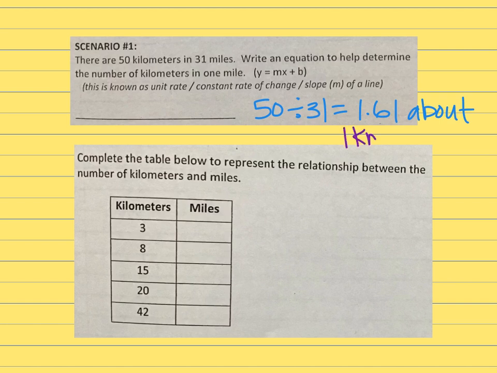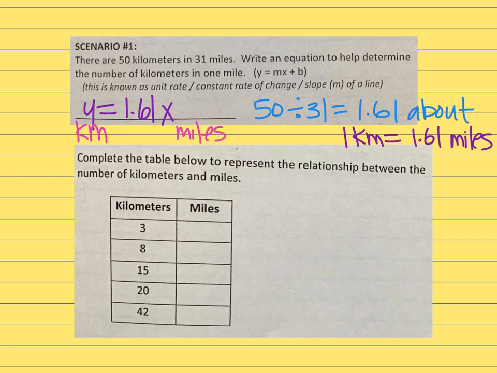So 1 kilometer is approximately 1.61 miles. So if I needed an equation, I could put y equals 1.61x, and this is when y is the kilometers and x is the miles.